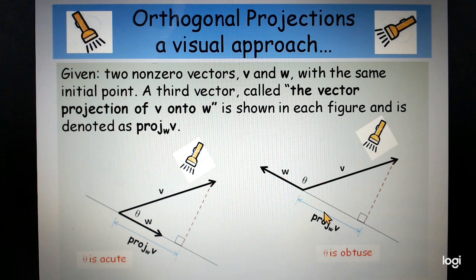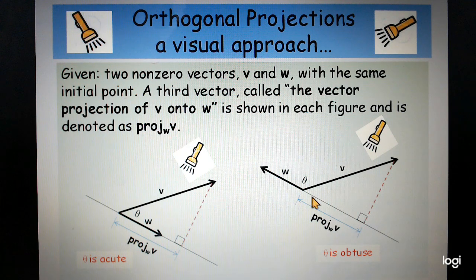Now looking at this type of situation, you can see the same type of thing is happening. We're shining a light source onto v and perpendicularly onto this line on which the vector w lies, and this length here, from here to here, is the projection of v onto the line of w. Notice that it's not actually on any part of w in this case. It is, and that's possible.